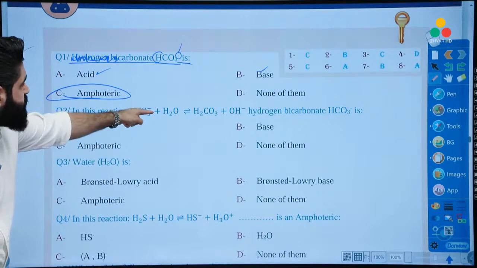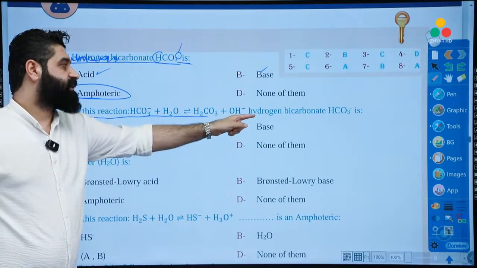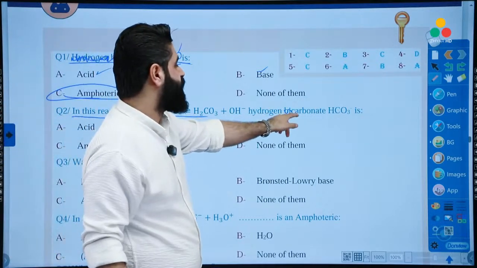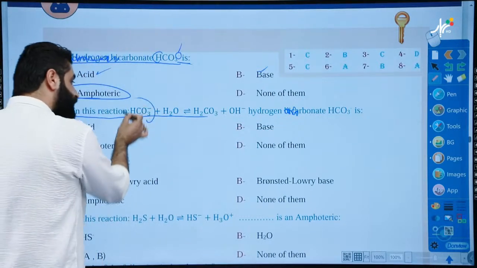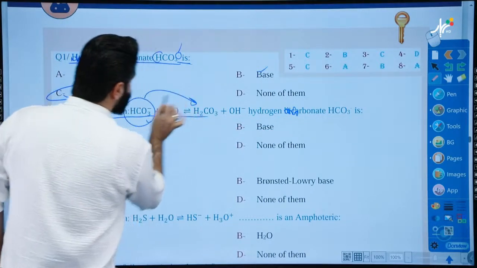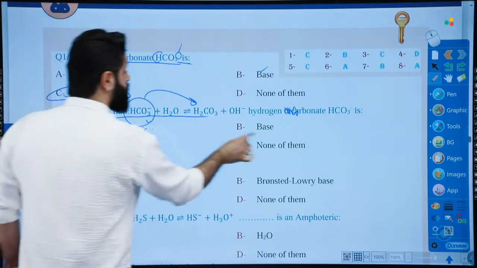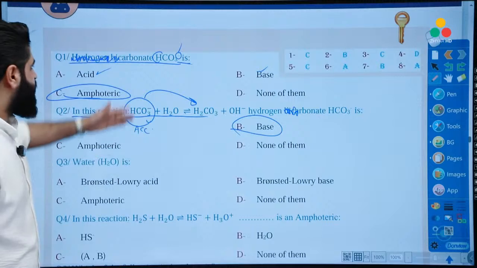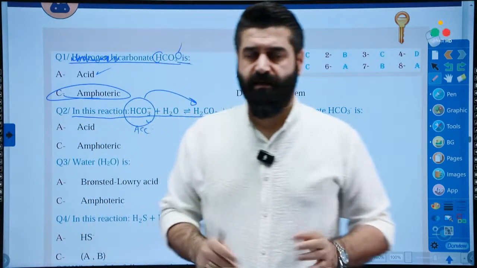But inside of this reaction, what is the hydrogen carbonate or the bicarbonate ion? Okay, in this reaction bicarbonate became H2CO3, acceptor, so it's a base.